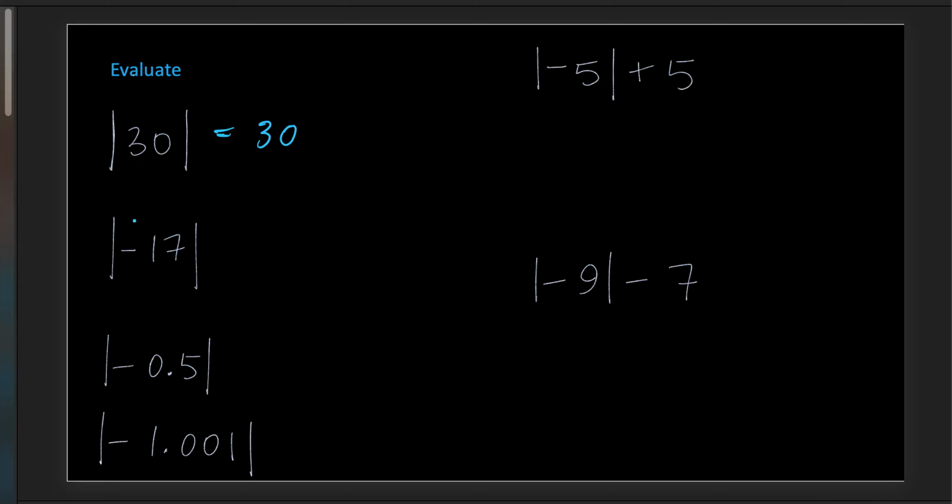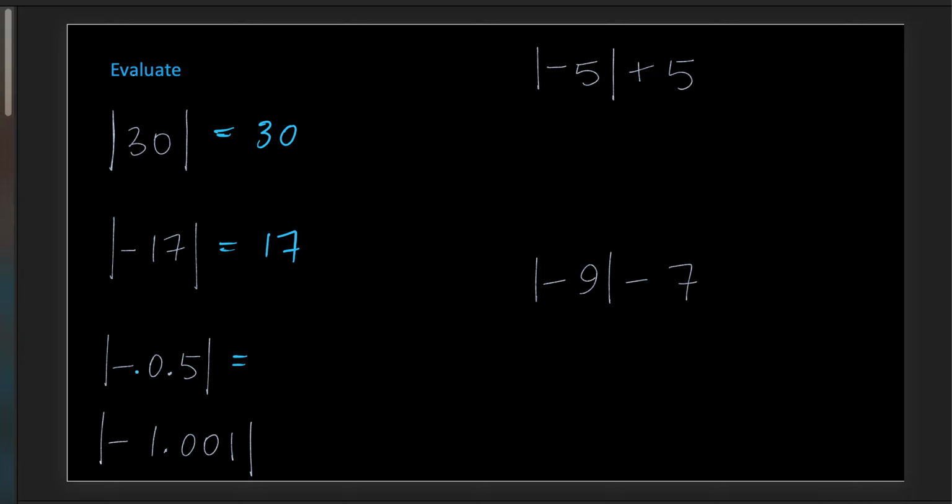And this is telling us to make negative 17 positive. And so that's 17. So here's a problem with a decimal number. And you can pause the video at any time to try these on your own and then see how you did. So this is the actual problem.